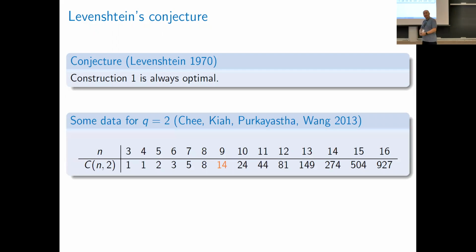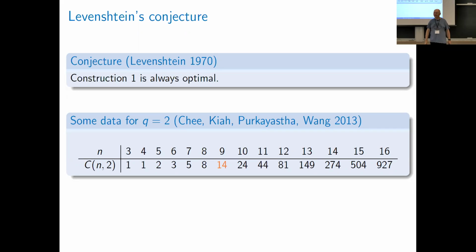So here's some data for q equals 2, the binary case, from this paper that I got into the area with, by Chee, Kiah, Purkayastha, and Wang from 2013. This is an IEEE Transactions on Information Theory paper. And here I've listed small values of n, and this is the largest binary non-overlapping code of length n. I think it's really great that you could go this far by searching. This is a computer search using a clique finding algorithm.